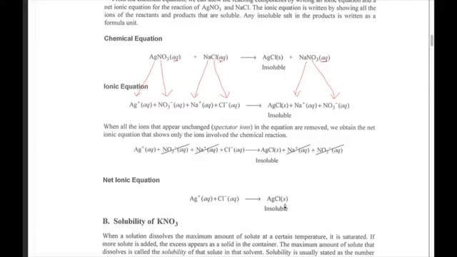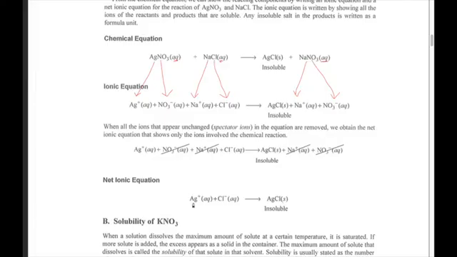Okay, so that's what we do for the net ionic equation. We write out what's left over from our ionic equation when we remove our spectator ions. Little quick shortcut here, if you ever see this on a quiz or exam. Whenever you have a precipitation double replacement reaction like this, and you're trying to write out your net ionic equation, the quote-unquote product of your net ionic equation is always the precipitate you're trying to form.